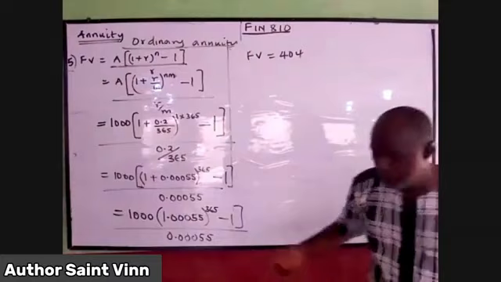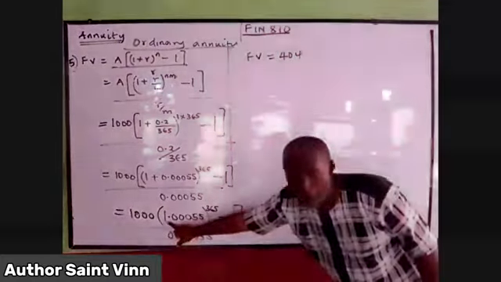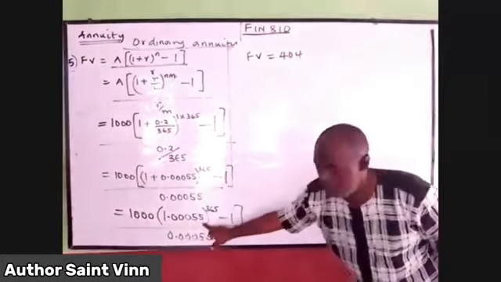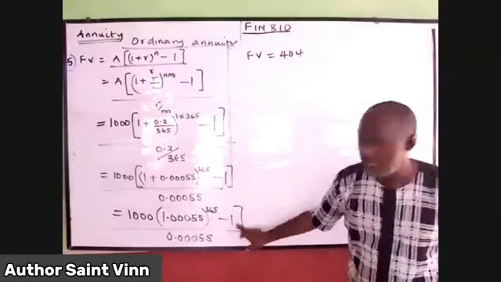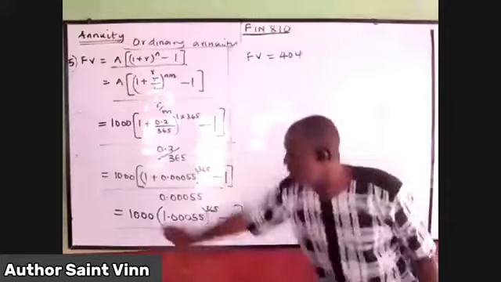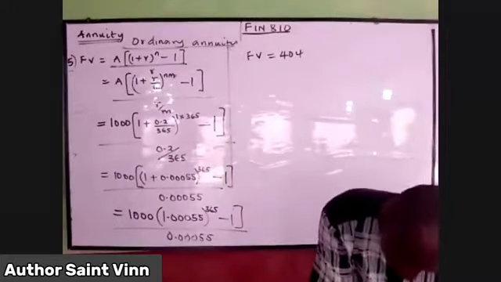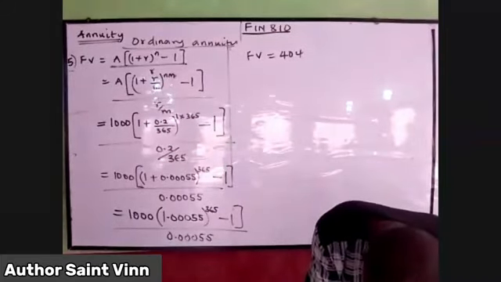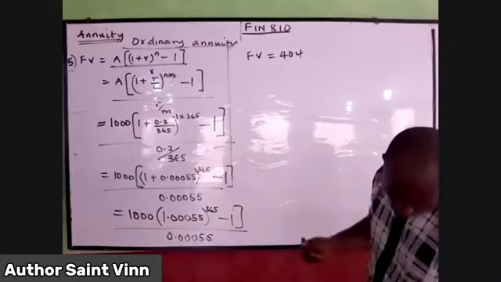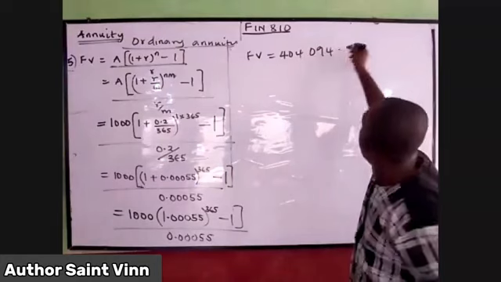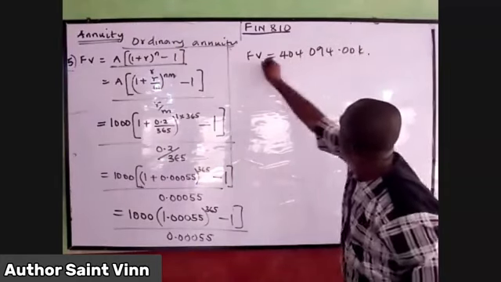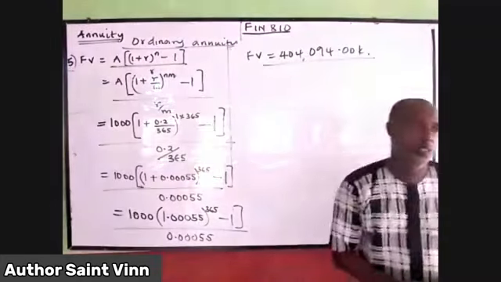If you take your time to go and split by 1 point all this raised to power this minus 1, whole number divide by this multiply by 1,000, it should give us 404,094, and this is my answer to that question.